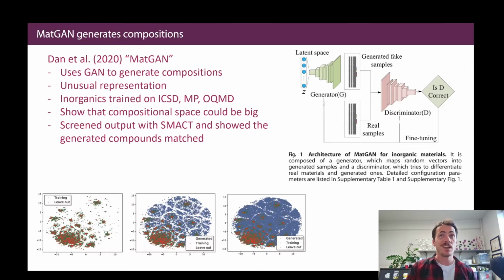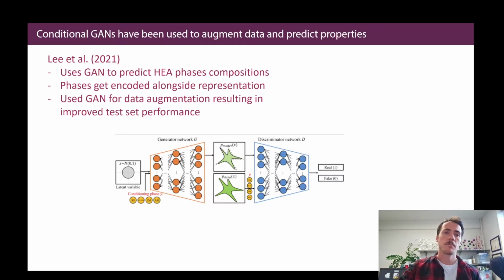And they found that it's actually pretty good agreement. It matches pretty well the distributions from which it was trained, where the ICSD has really good electroneutrality compliance because it's based off of real materials. Materials Project and OQMD have less good compliance with it. And they're basically matching pretty closely all those distributions, which is a cool way to generate compounds. No structure, but it's a way to generate compositions.